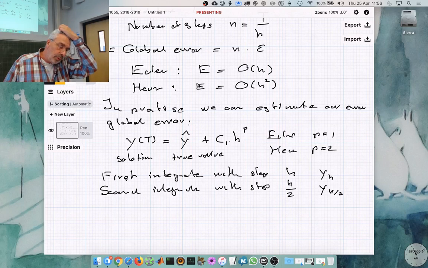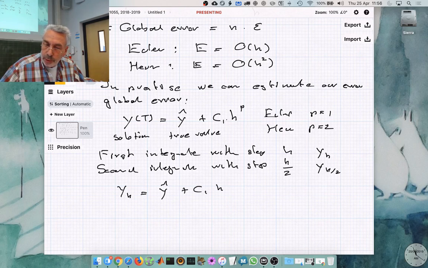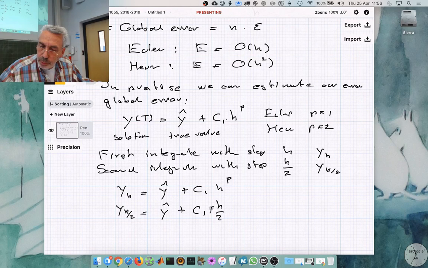The next step is, of course, that you're going to compare the results. So what you know is, well, the y for my step size h is my true value plus c1 h to the power p, right? And then my solution h over 2 is, well, still the true value, plus approximately this constant, the constant probably will not change so much, and then h over 2 to the power p.